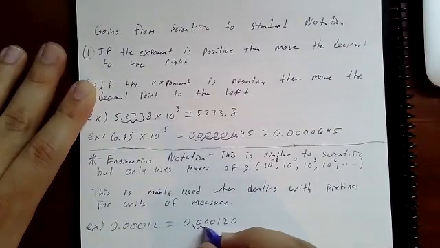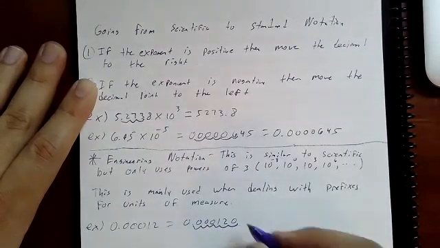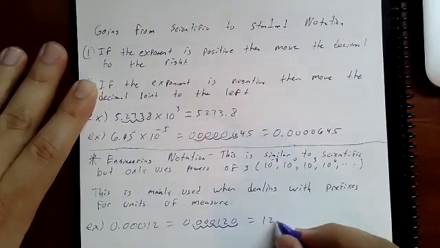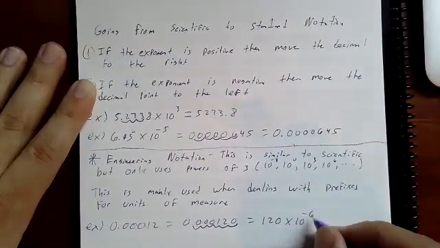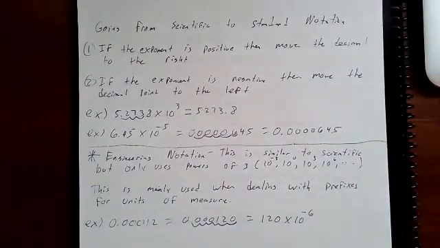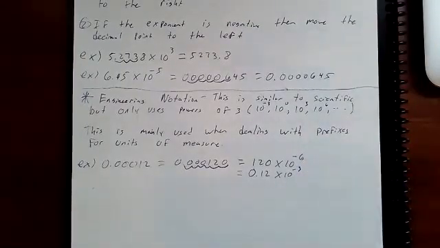So I added an extra 0, just so I can say 120 times 10 to the negative 6. As long as this is divisible by 3, then it's fine.